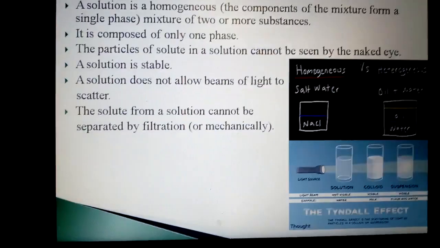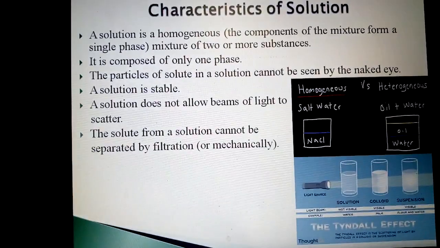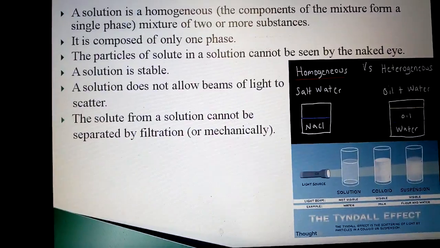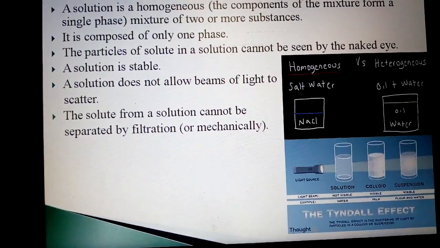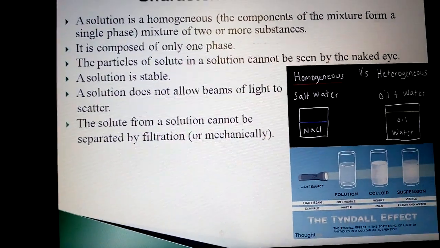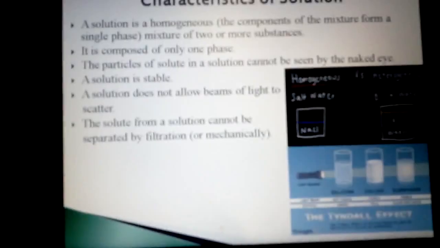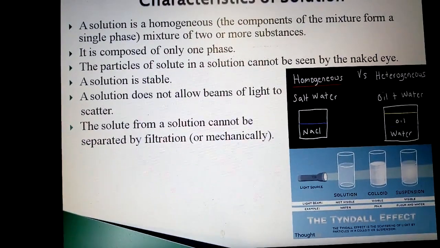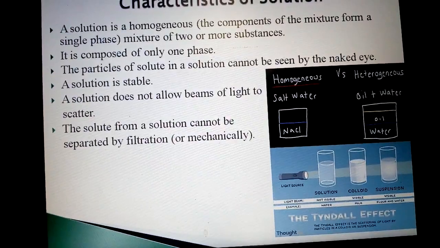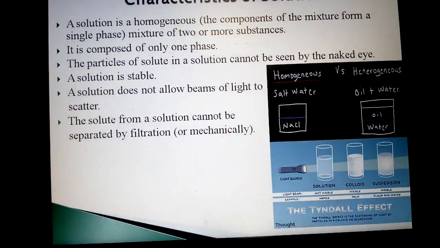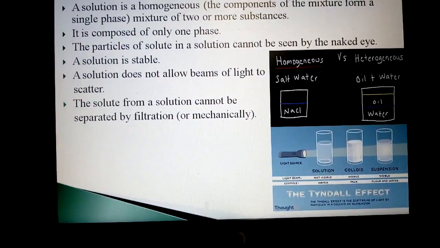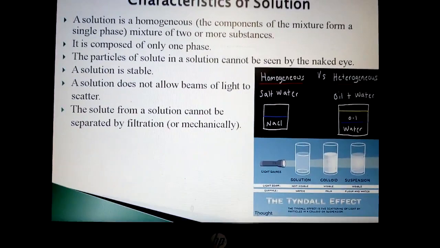A solution is stable. A solution must always be stable in nature. If we keep it for an hour, for a day, it will retain its identity. So a solution should be a stable one. A solution does not allow a beam of light to scatter. That is basically related to the Tyndall effect, which is also mentioned in that slide by a picture.